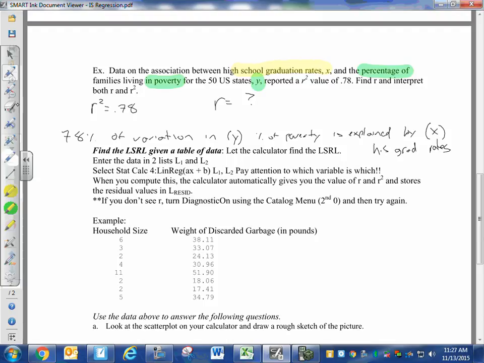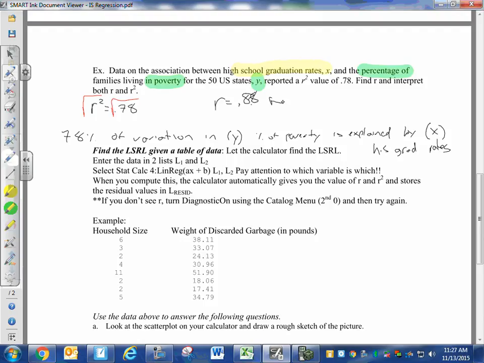Yeah, take the square root of both sides. If you want to solve for R, square root both sides. Well, what's the square root of 0.78? 0.88. All of a sudden the number got bigger, right? Because it's a decimal.